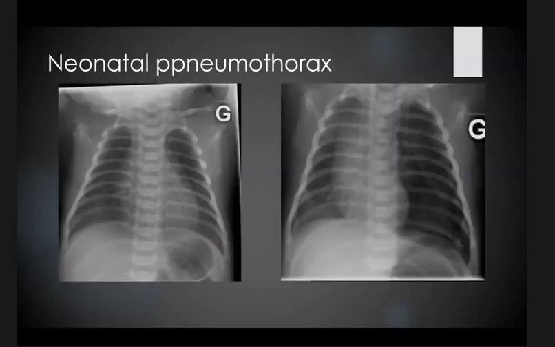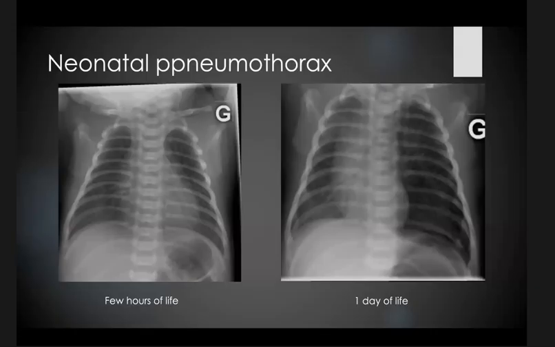The neonatal pneumothorax happens in a little baby in the first few hours of life or at 1 day of life. I'm sorry for the mistake of the P. It's a pneumothorax, not a pneumothorax, I'm sorry. It can happen while the baby has a meconium aspiration syndrome, or it can happen by itself.